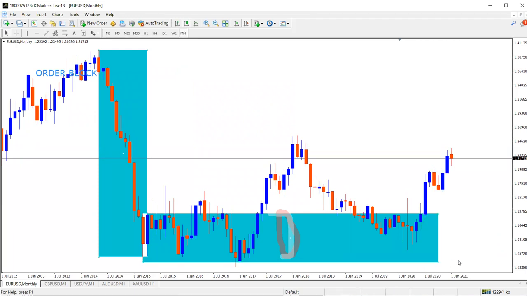The price reversed from here, then it came back and respected that order block zone.